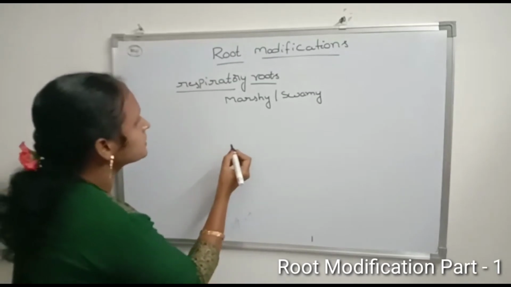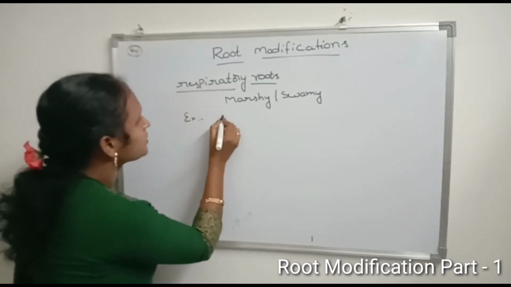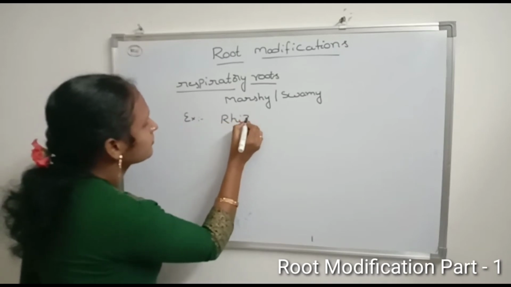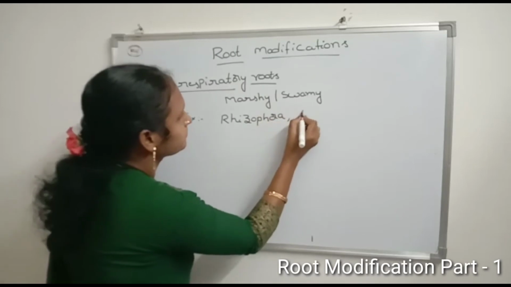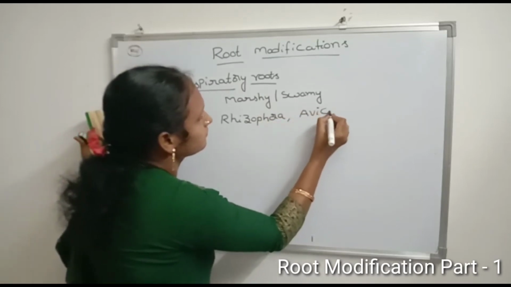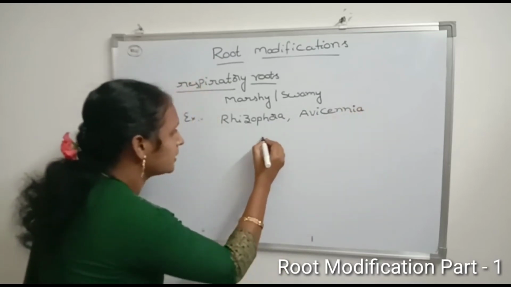So, examples are Rhizophora and Avicennia.